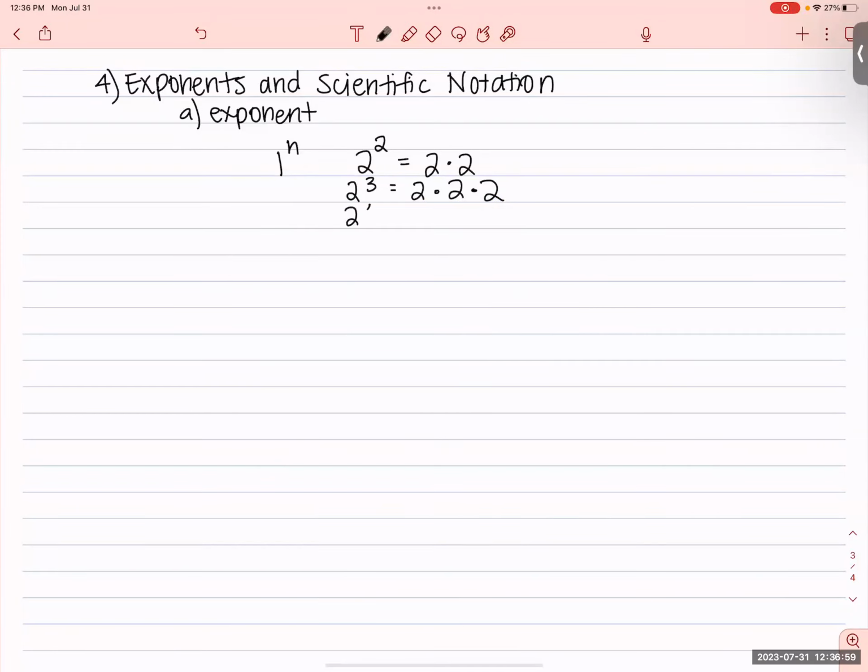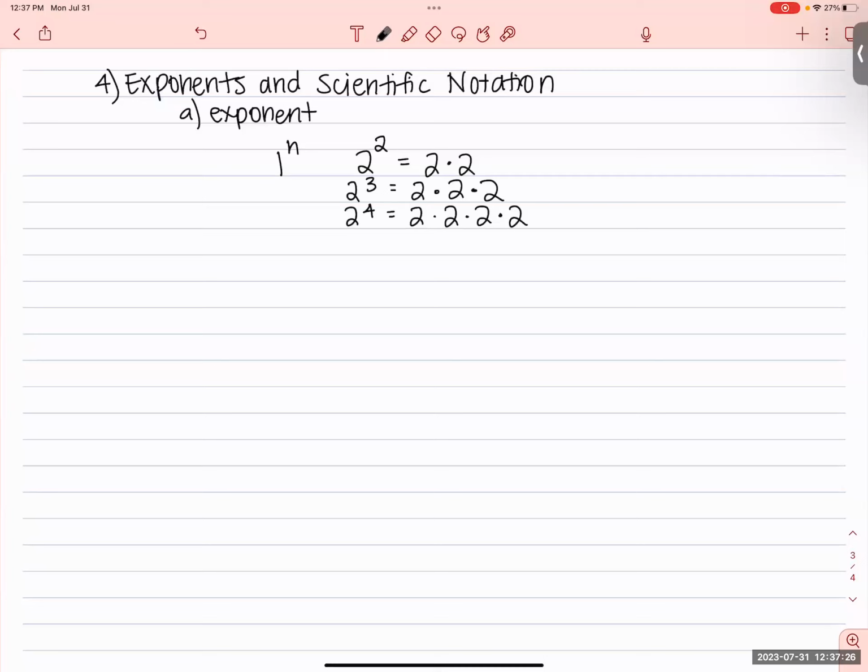If I say 2 to the 4th, it is 4 instances of 2 multiplied together 4 times. Okay, it's not 2 times 3. It's not 2 times 4. It's 2 times 2, 4 times, if that makes sense.